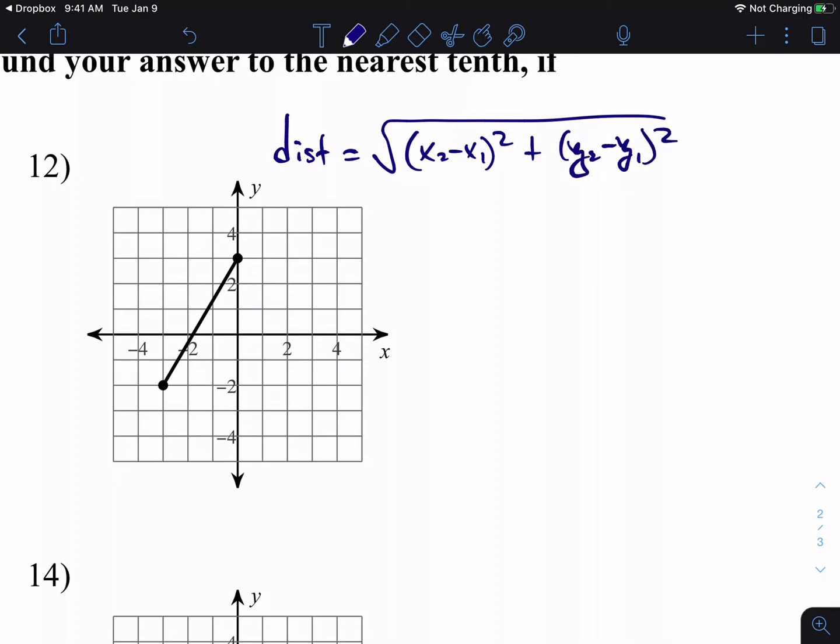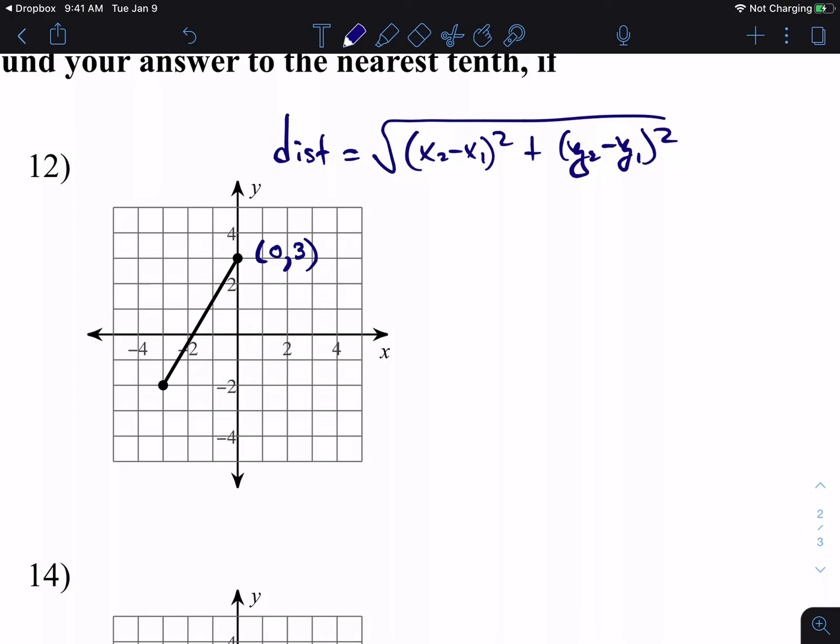And so that's the whole formula right there. Once again, we have to find the coordinates of our points. I'll take that upper right one first. That's located at 0, 3, because I went neither to the left nor to the right, so I got 0. And I went up 3, so there's 0, 3.